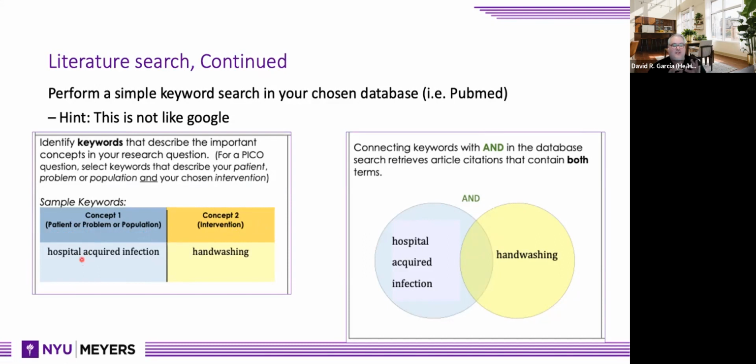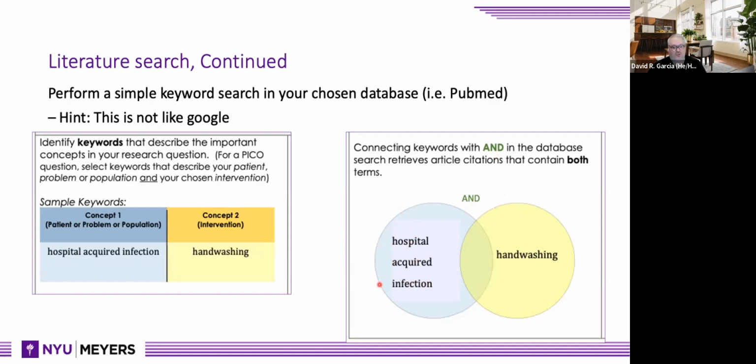So it's going to have different lines there where you'll type in each of these. So here they're using the example of hospital-acquired infection and hand washing. And so when you put those into your database, you're going to use the word "and" to connect them. So you're looking for studies that are hospital-acquired infection and hand washing, because if you put "or," then you're going to get either hospital-acquired infection or studies that talk about hand washing.